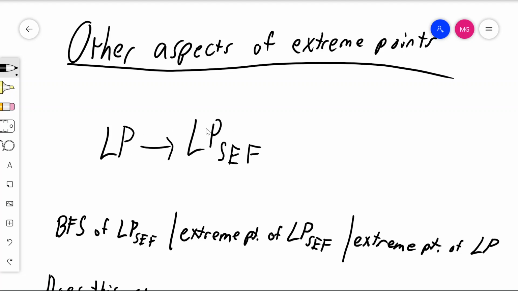So we created an equivalent linear program in standard equality form. The polyhedra are not the same, though, so we had to establish that there was still a bijective correspondence of these extreme points.